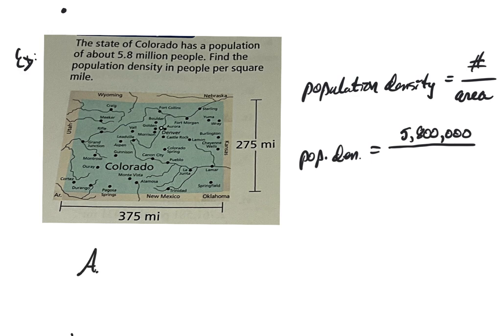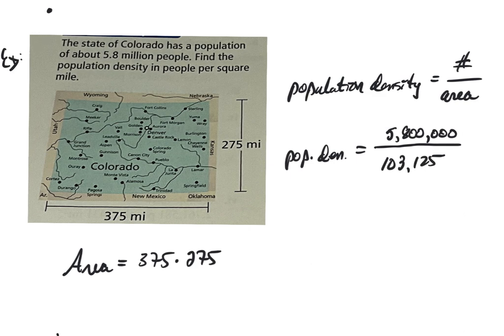So the area of Colorado being roughly rectangular is going to be the length of the state multiplied by the width of the state. And when we multiply those values together, 375 times 275, we get a total area then of 103,125.